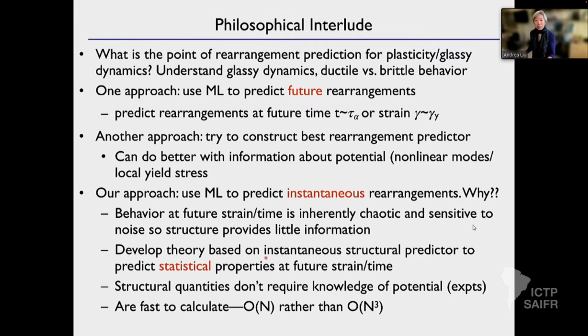The idea is we'll develop this theory based on this structural predictor. And we're not trying to predict whether this particle or that particle is going to rearrange at a later time. We're going to predict statistical properties at that much later time, because in statistical physics, there's always chaotic behavior. You can't predict individual trajectories. That's not the point. You want to predict the statistics of what happens.